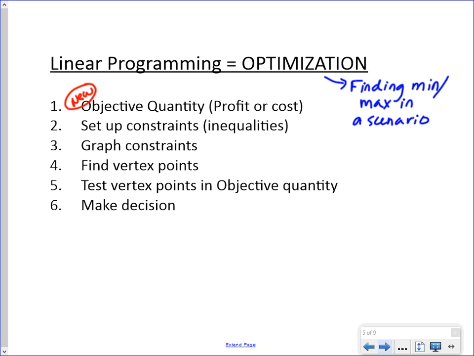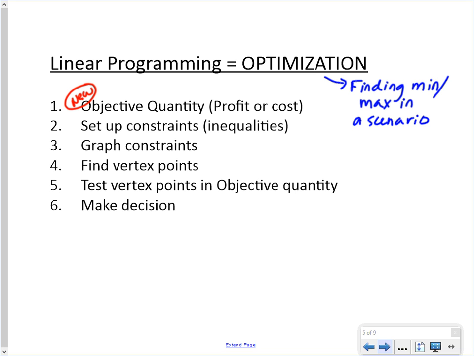All it is is an equation that will show you what the min or max is. So when we get to the application problems that have some kind of scenario, a lot of times the objective function is going to be a profit equation, or it's going to be a cost equation. Okay, those types of things.